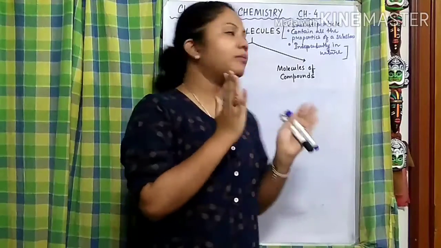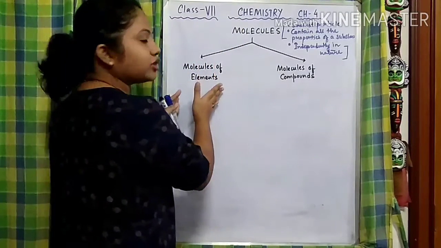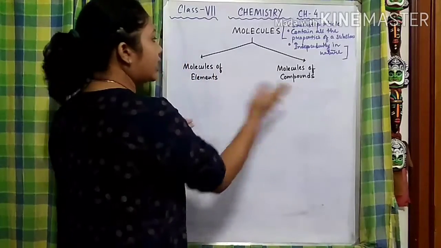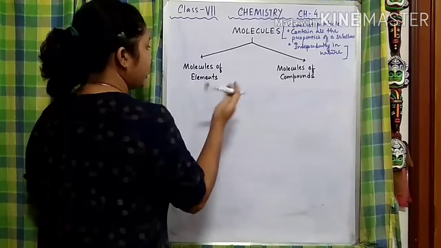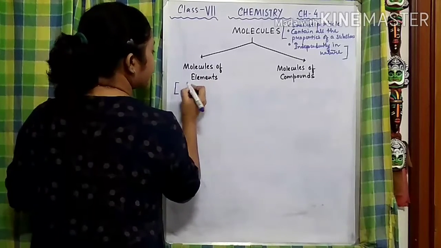So molecules can be of two types: molecules of the elements and molecules of the compound. What is the difference between them? So how are these molecules of elements forming?